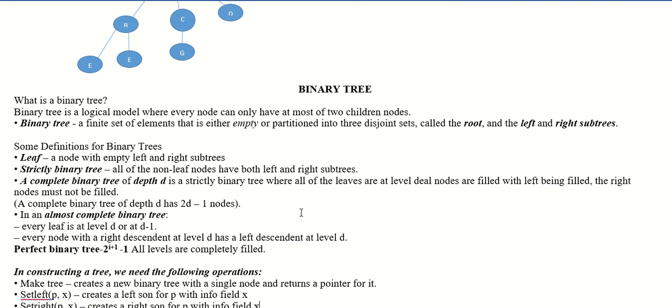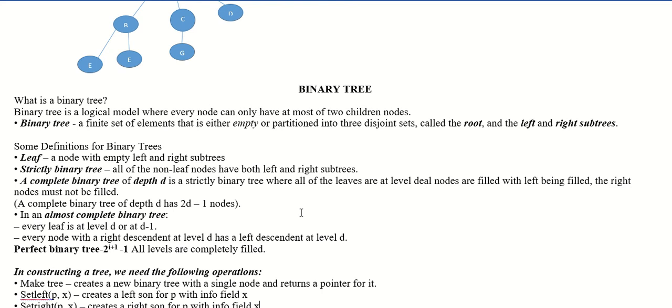Every node with a right descendant at level D has a left descendant at level D. And therefore the last one we have is the perfect binary tree, where we say it is 2 raised to the power D plus 1, minus 1, where all levels are completely filled.